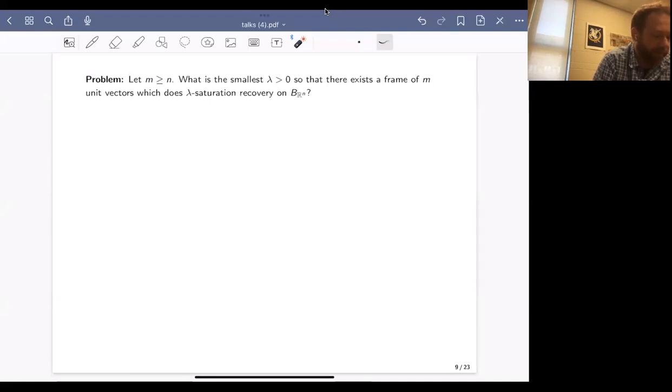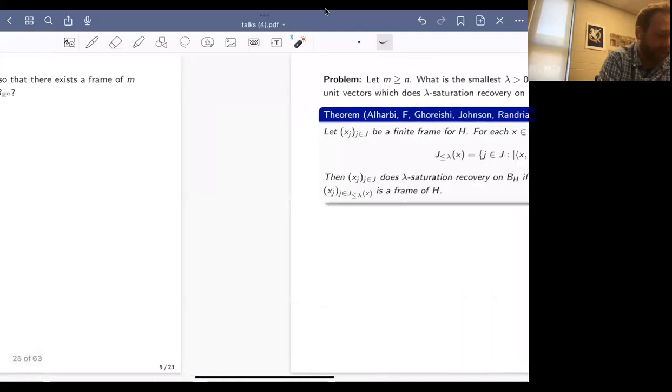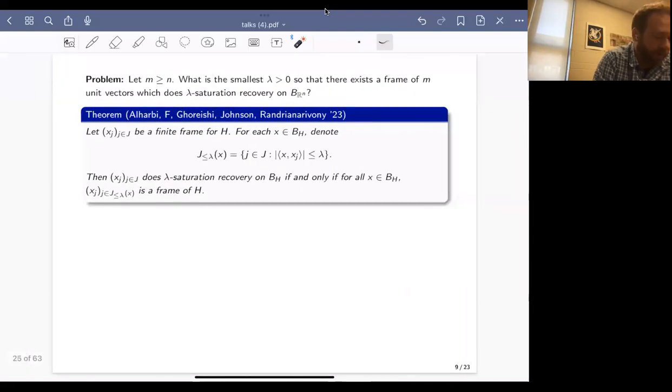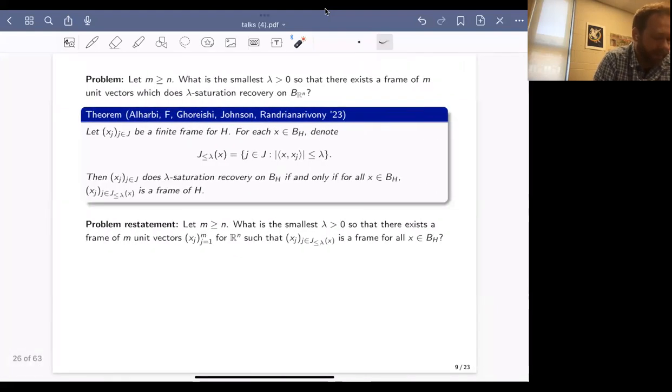How do I find the smallest lambda so there exists a frame of m unit vectors which does lambda saturation recovery? Our characterization of lambda saturation recovery tells us that these two problems are equivalent. What is the smallest lambda greater than 0 so that there exists a frame of m unit vectors so that if you look at the unsaturated coordinates, this is a frame.